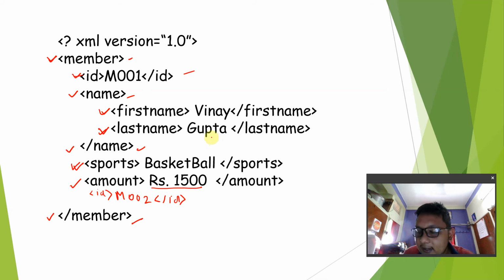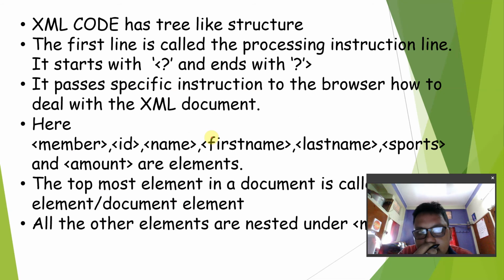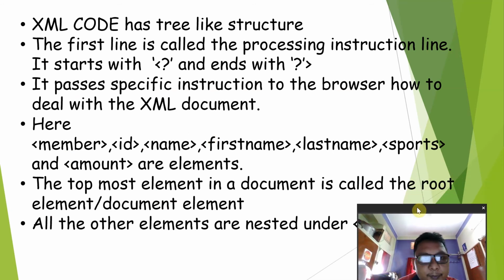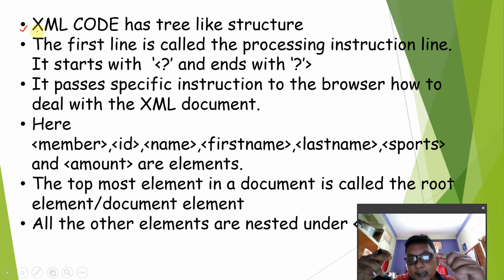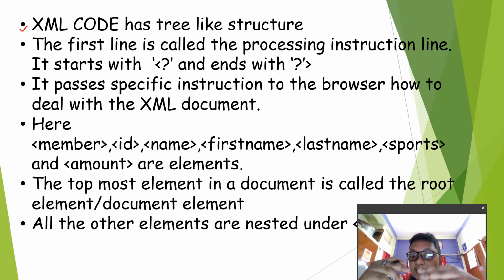So in the next slide, the first point is very important to understand. What is written here is that XML code has a tree-like structure, which means whenever we are writing XML code, we can imagine it like a tree-like structure, but in reverse fashion.